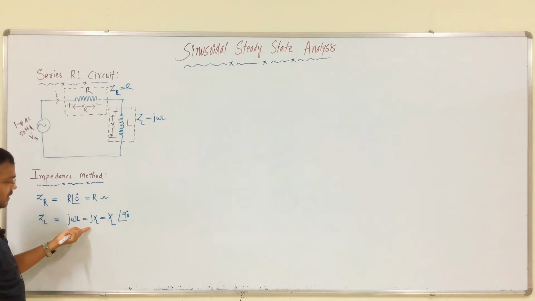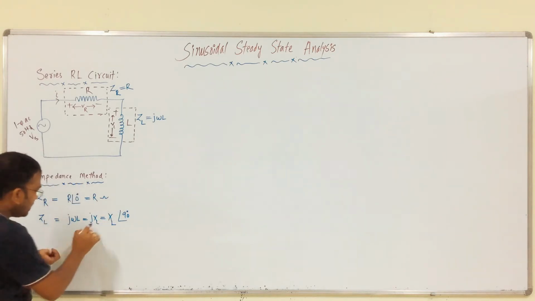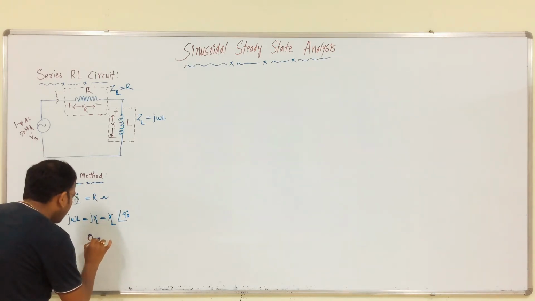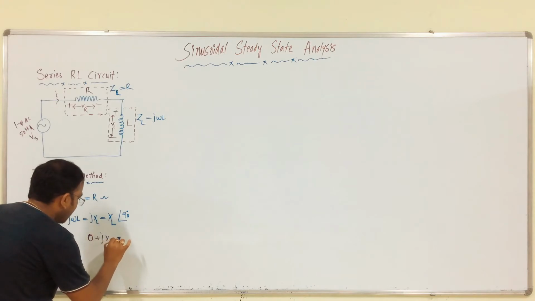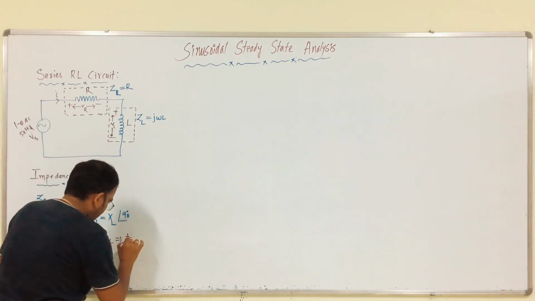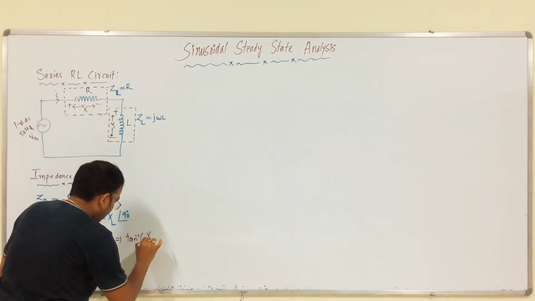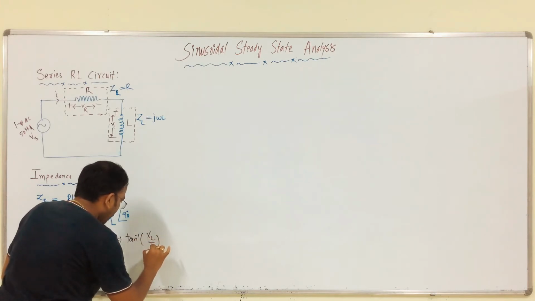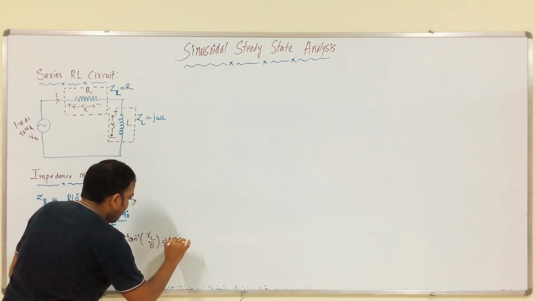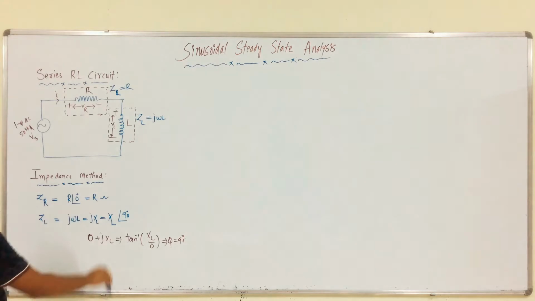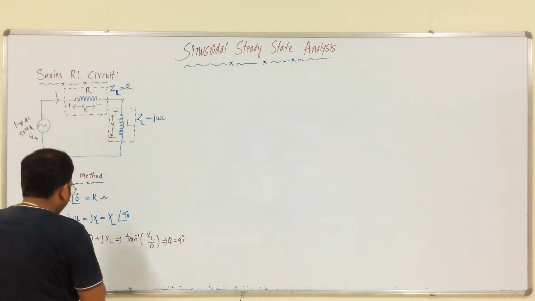What is the meaning? 0 plus J XL, tan inverse of XL by 0, what is the phase angle? 90 degrees, clear. That is why XL at an angle 90 degrees.